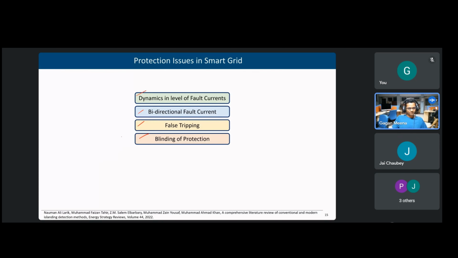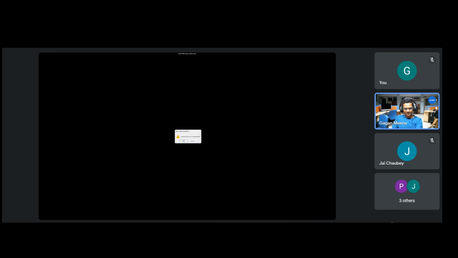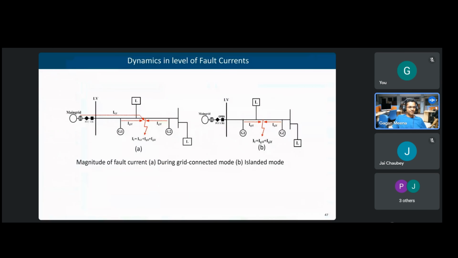When there is a fault here, let's call it F, in grid connected mode, the main grid is also feeding along with these two generators. There are three sources of current feeding this fault current. But in islanded mode, only these two sources are feeding the fault current.